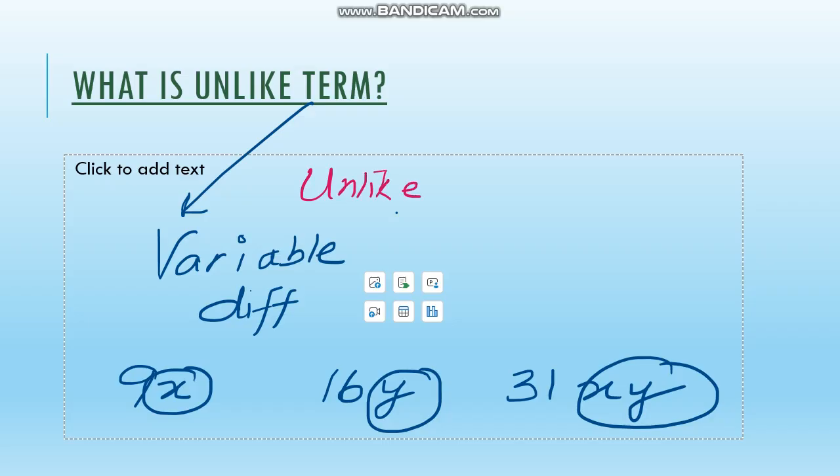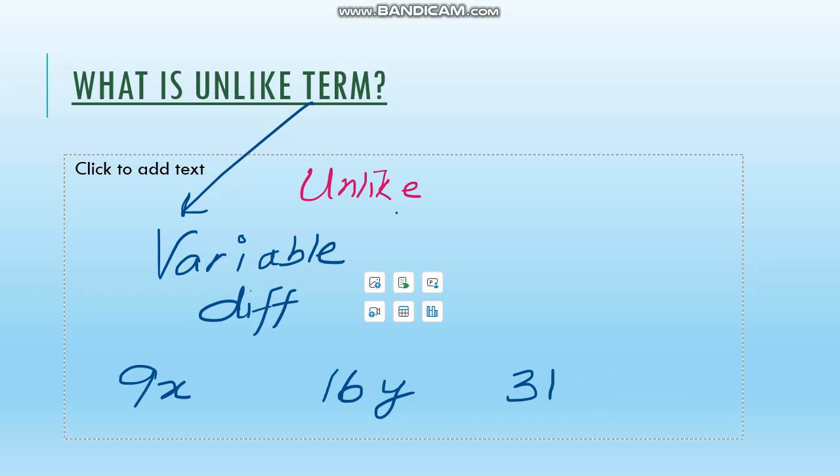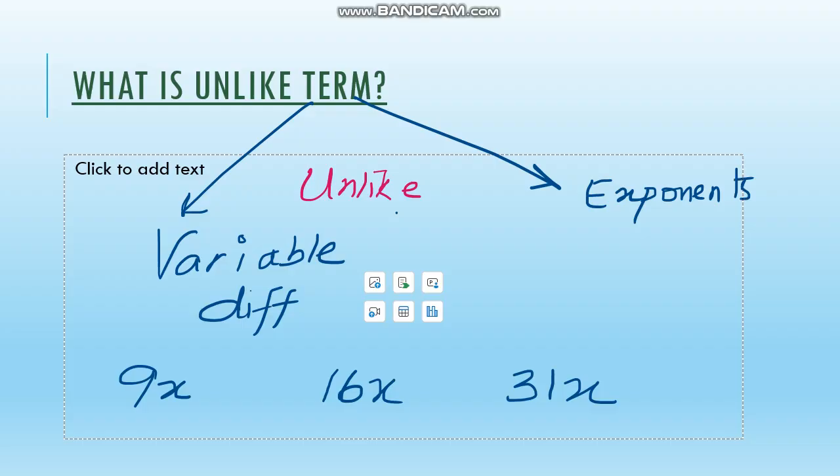It gets a little confusing when we are talking about the exponents. Now let's imagine all of the variables here are the same. So all of them are following the first rule. That means they have the same variables. Now let's talk about the exponents. If I raise them to different powers, this is raised to the power of 5, this is raised to the power of 3, and this is raised to the power of 9.